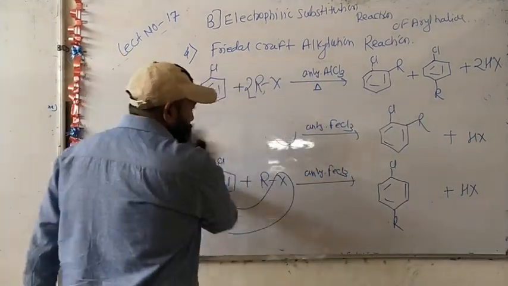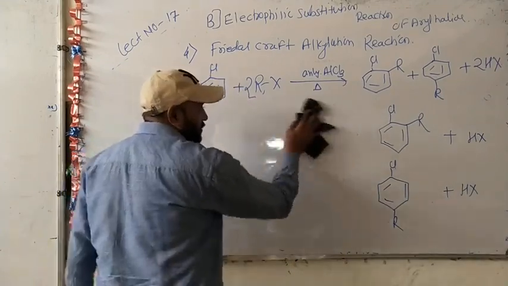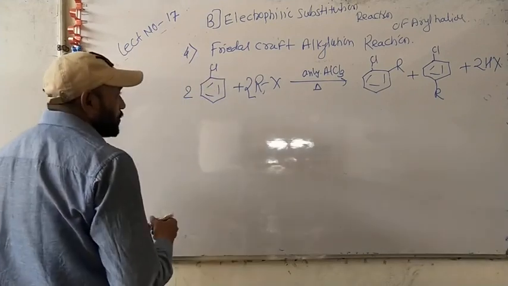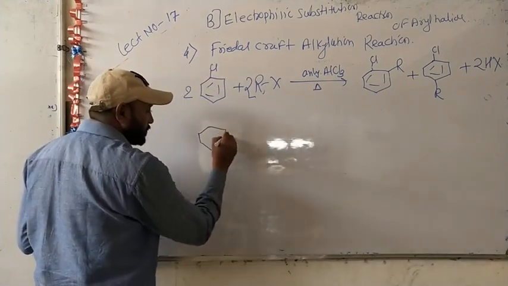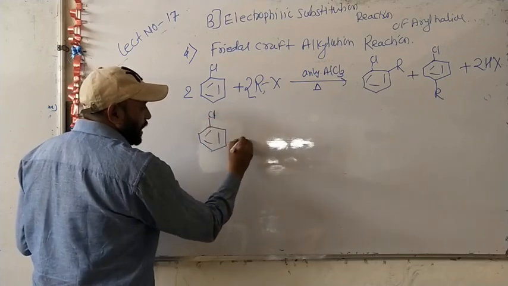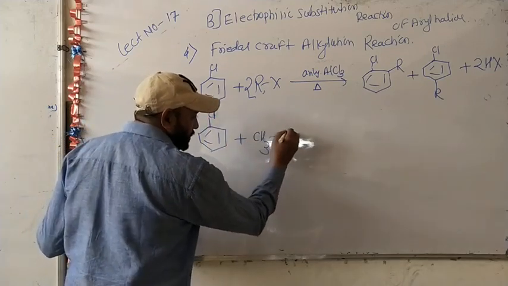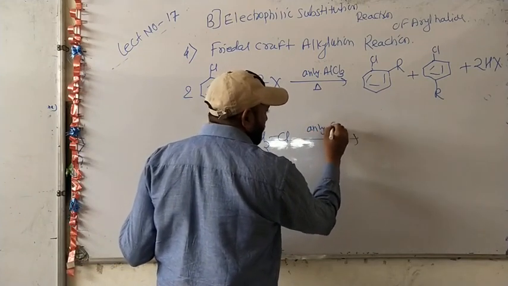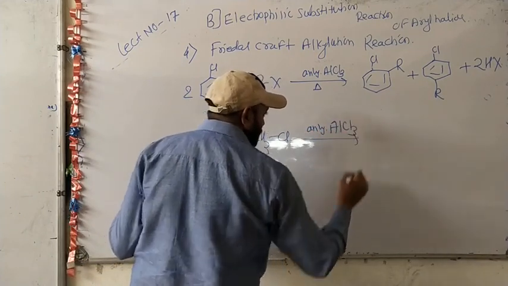Take an example. Suppose we have provided chlorobenzene, and that is treated with methyl chloride in presence of anhydrous AlCl3.